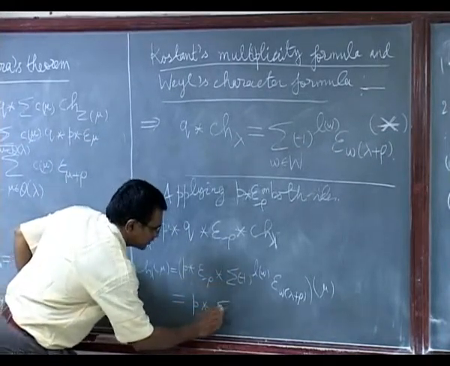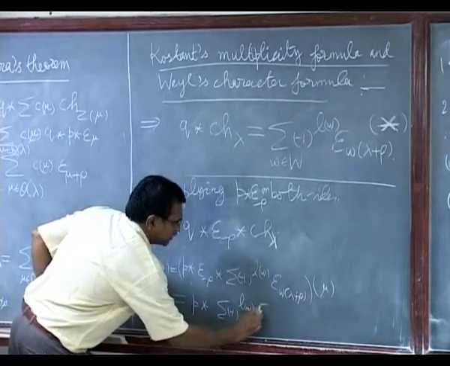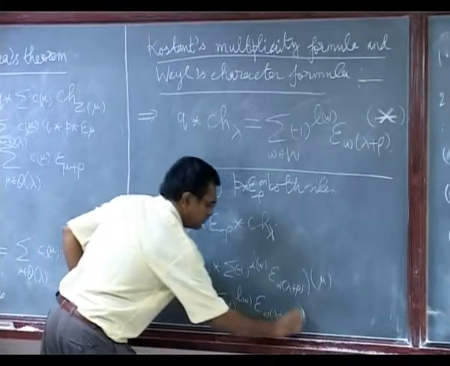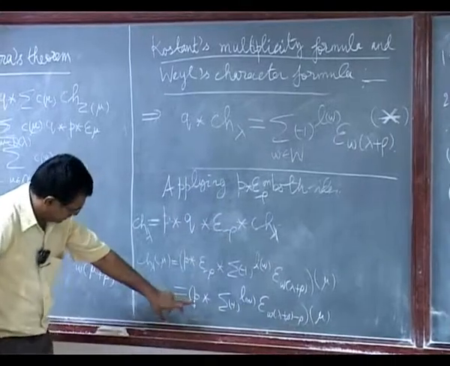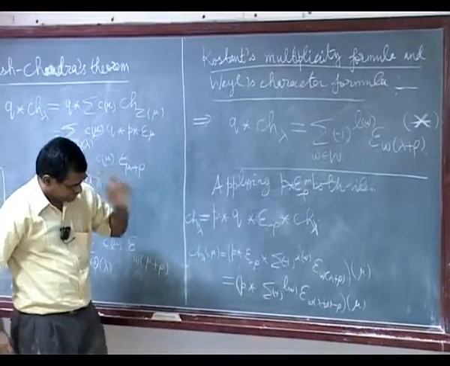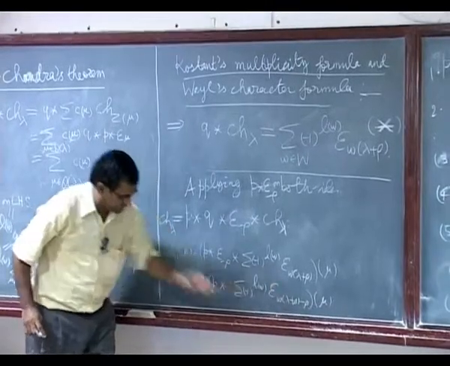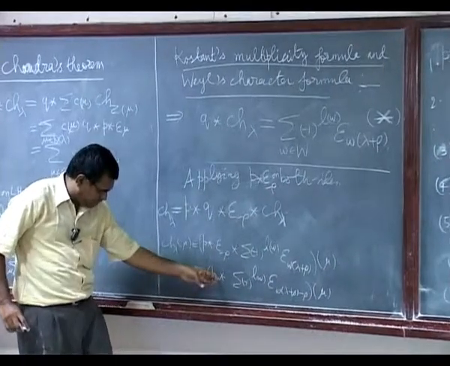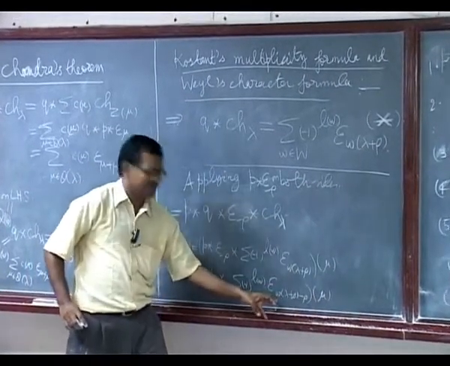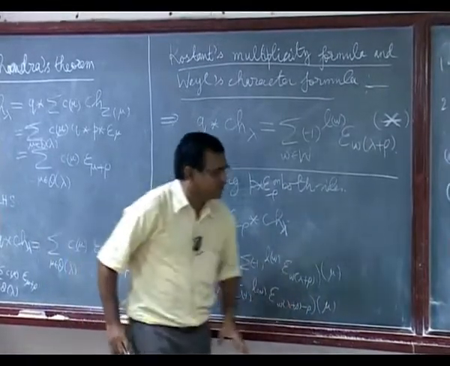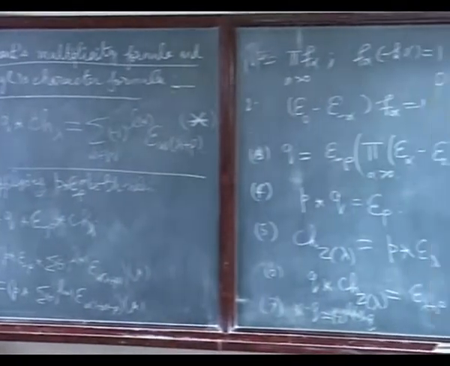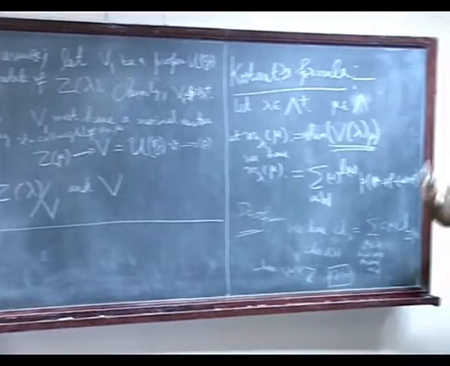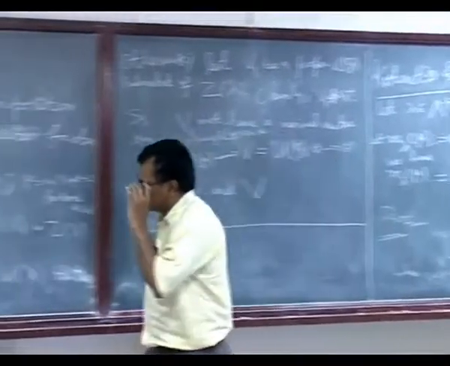So, P star sigma minus 1 to the power length W epsilon W of lambda plus rho minus rho, of mu. But now you see the partition function, so these are all epsilon, the characteristic functions. So, they assume value only at those points. Then if I want to apply a P here, then this should be mu minus this one. That is where mu plus rho minus W of lambda plus rho comes here. Mu minus of W of lambda plus rho minus rho. So, I get exactly that. So, we are done.